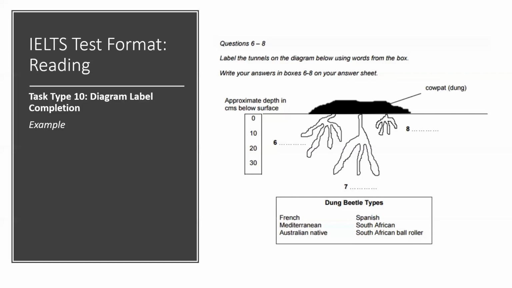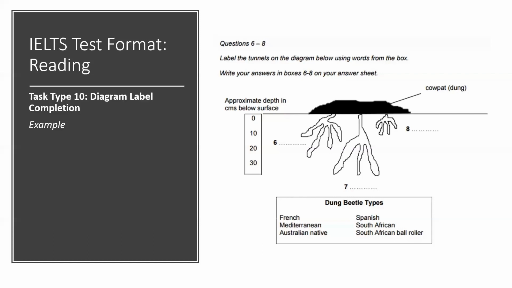Yes. Approximate depth in centimeters below surface. Now this is below surface, and cowpet tongue is definitely above surface. So this information will definitely help us in answering and in labeling the diagram.